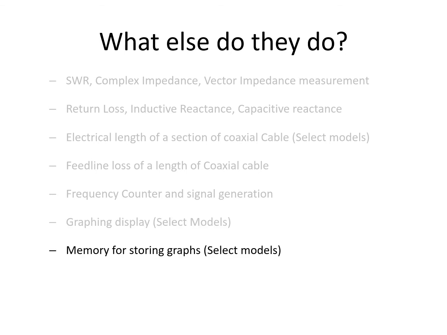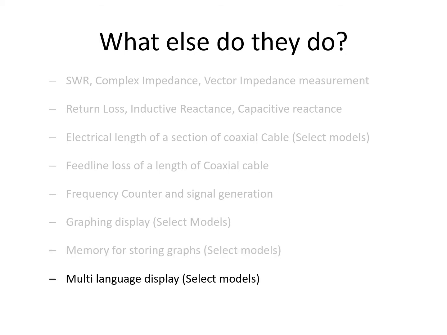Some have memory for storing graphs, and then you can take that information and download it, typically with a USB cable, to a computer for further analysis with software that's available, usually for free. And there are some multi-language display models. So all those things are additional things that you can do with an antenna analyzer.